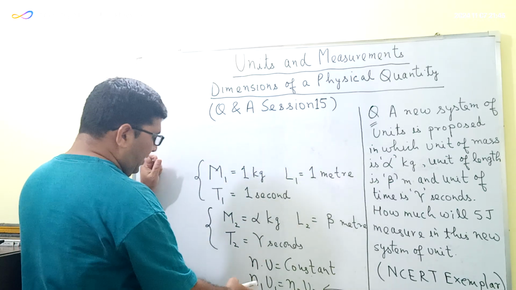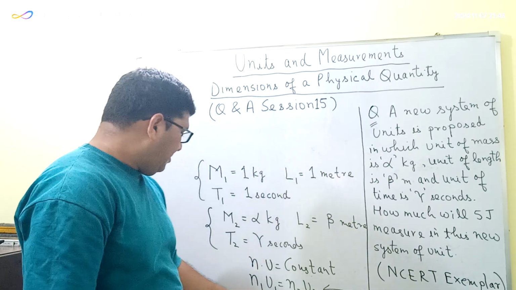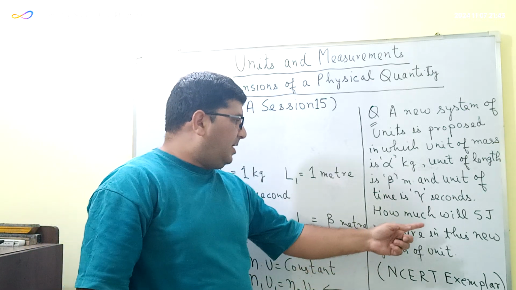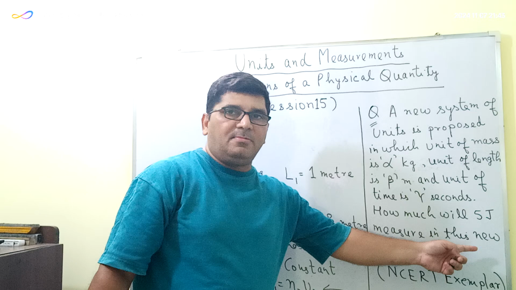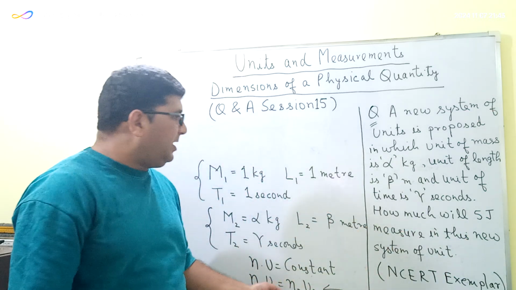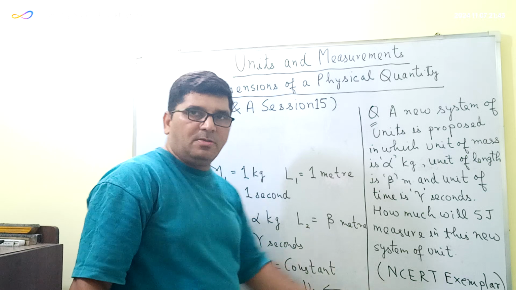So if N1 is the magnitude of the energy in the SI system of unit, then N1 will be equal to 5 joule.